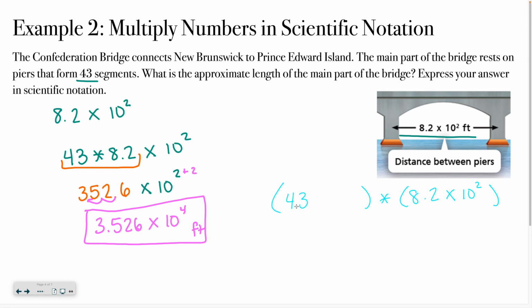So instead of 43, I would say 4.3, and that would be times 10 to the 1st, because I only had to move the decimal 1 place. And then if I were to do that, that would give me 35.26 times 10 to the, I would add my exponents this time, 3rd, and then if I were to move that decimal, 3.526 times 10 to the, since I moved it to the left, it would be plus 1, so 4. So you can see that's another way that you can get to your answer.